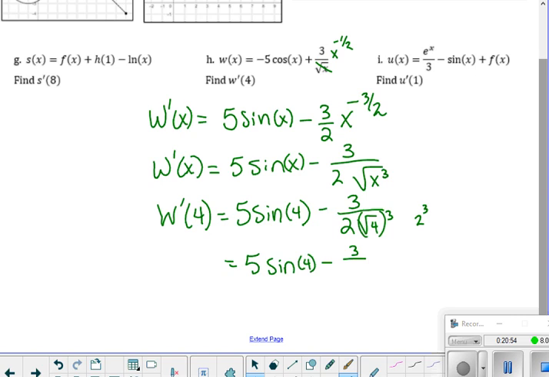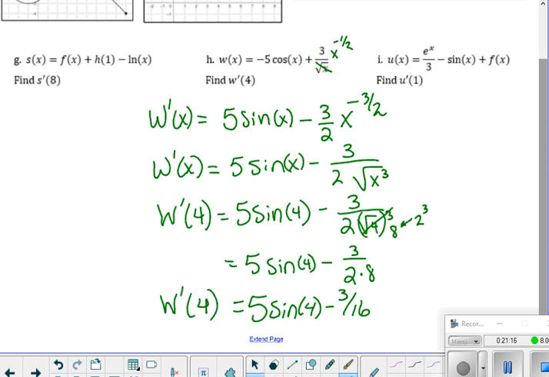That's going to be 8. This will be an 8. And that'll be a 2 times 8, or 16, won't it? So final answer, 5 sine of 4 minus 3/16. Wonderful. And I don't know about you, but I just have to have my bottom line be completely reading a statement, an equation. Okay.